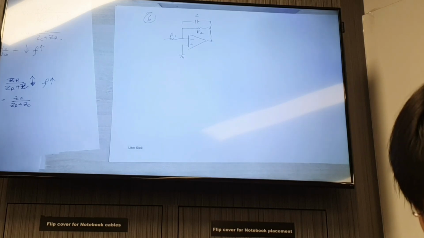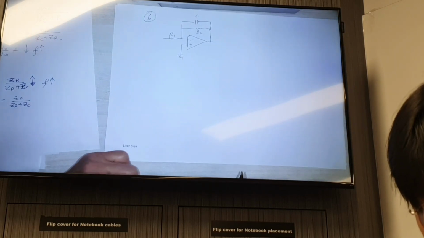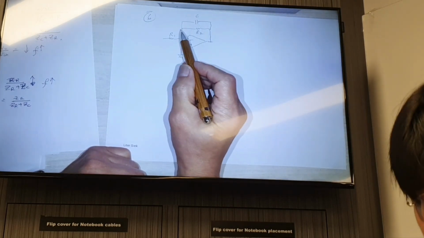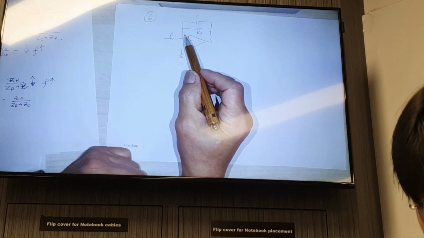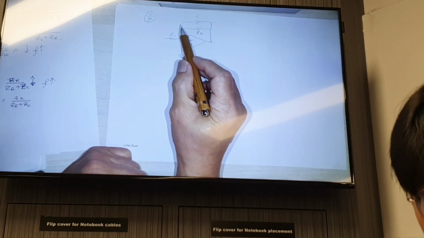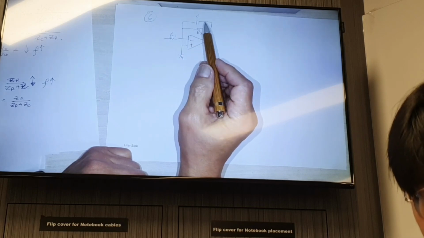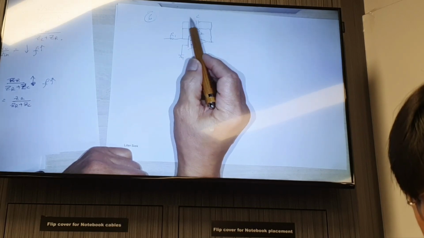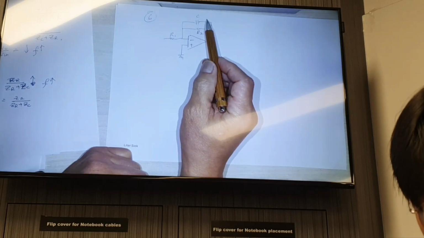At low frequency, I'll show you again. Okay, because this is a resistor that is very large, therefore the gain is large.